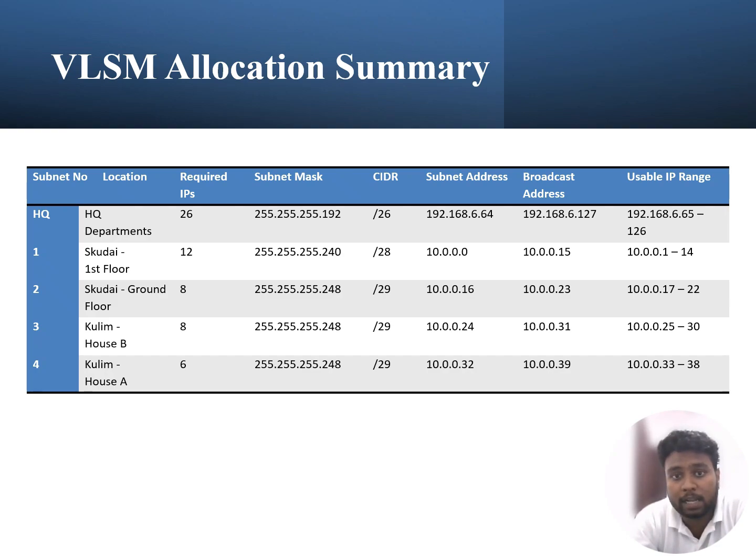It uses 10.0.0.17 to 10.0.0.22. Similarly, Kulim House B and House A each use a /29 subnet to cover 6 to 8 devices with minimal IP wastage. By assigning each subnet only what it needs, we conserve IP addresses and make the network scalable for future additions. This is the main advantage of using VLSM in our network design.